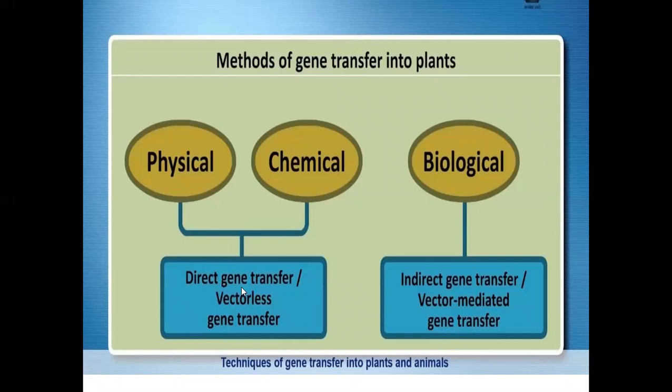In direct gene transfer techniques, the selected desired genes are directly inserted into selected target cells by the direct physical and chemical methods. In the biological method, the selected tDNA is inserted into a plasmid to form rDNA. rDNAs are inserted into the plant cell through vectors.